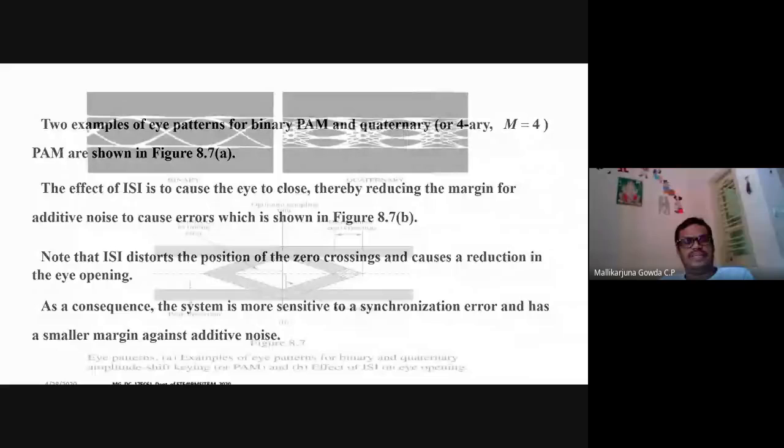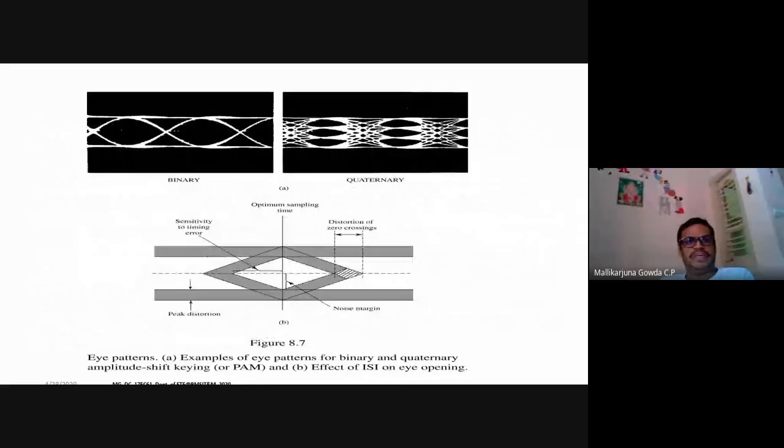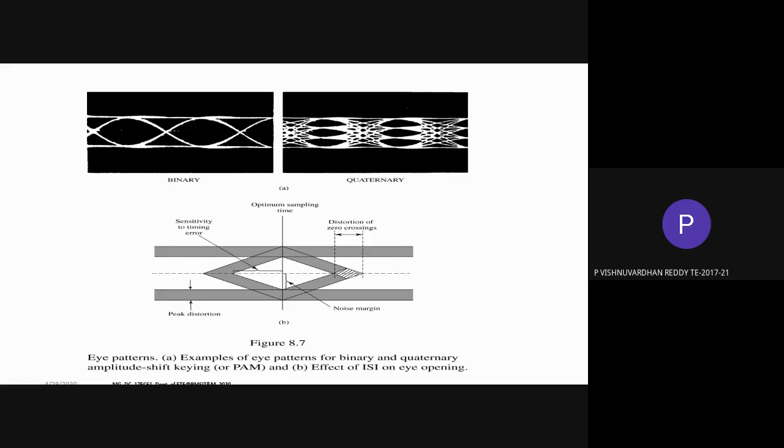See, this is when the input sequence is binary, means only two values, 0 and 1. 0 is represented with one amplitude level, and 1 is represented with another amplitude level. So this is how I get it on the oscilloscope. I hope everybody is able to see this diagram. Yes, sir.